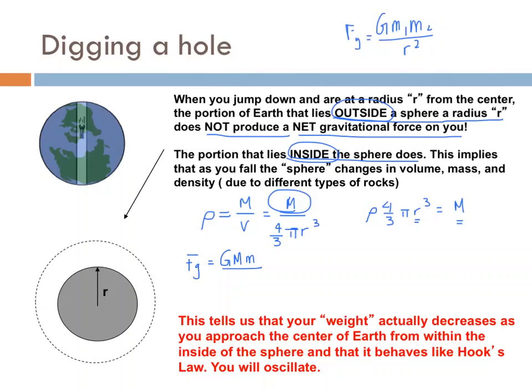I'm going to use capital M for the mass of the planet, little m for the mass of the person, or the object. Again, capital M is going to be replaced with rho times 4/3 pi r cubed.